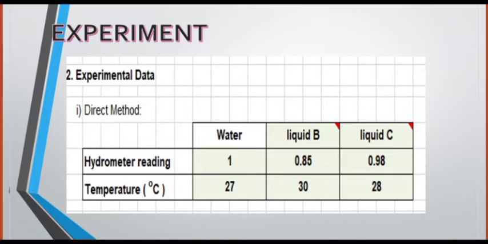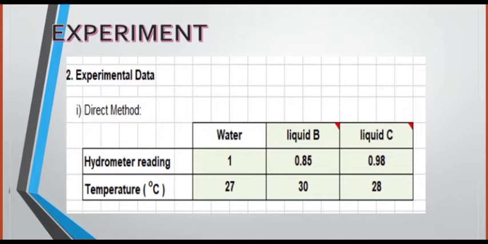Today I want to talk about the experiment and direct method. For the water, hydrometer reading is 1 and temperature is 27.